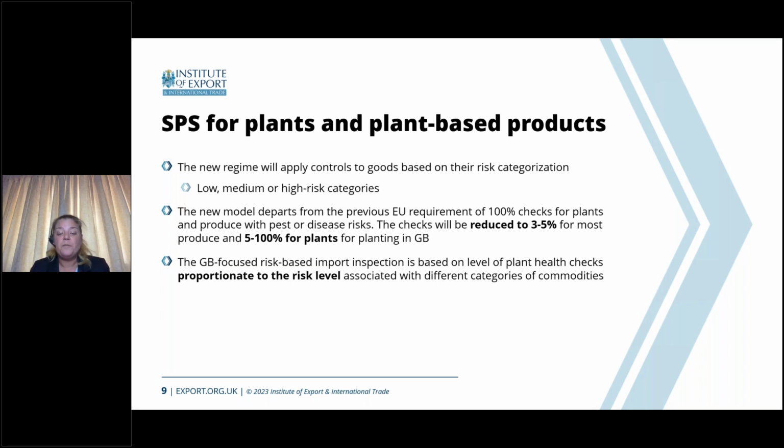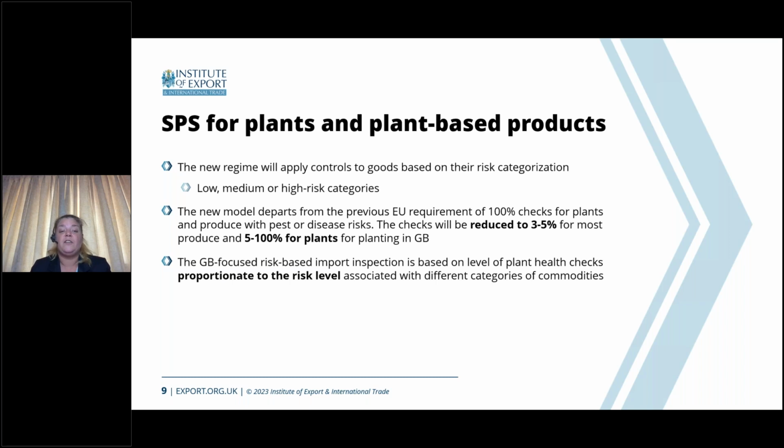One of the big things to note is it will reduce, and we've highlighted there, the amount of checks required for goods coming in with phytosanitary requirements. So if you're in a medium or a low risk category, the requirements for physical inspection at the border will be dramatically reduced compared to previous inspections.